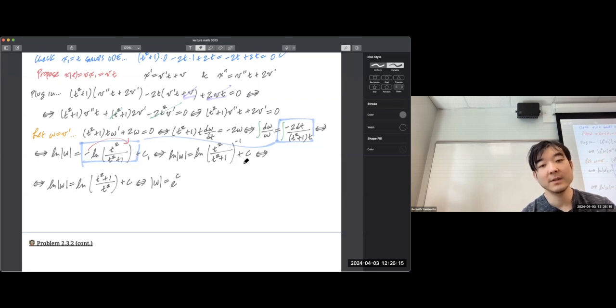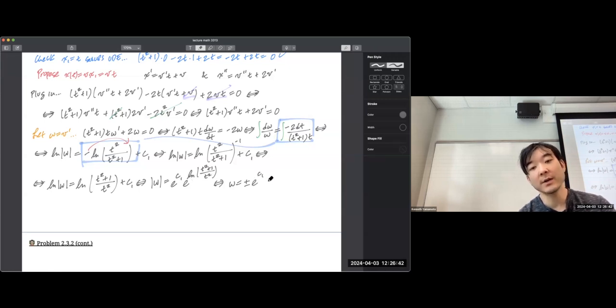I should have probably called this c1 because we're going to have a c2 later. And then it's going to be e to the ln of the t squared plus 1 over t squared. And then we drop the absolute value, get a plus or minus e to the c1.